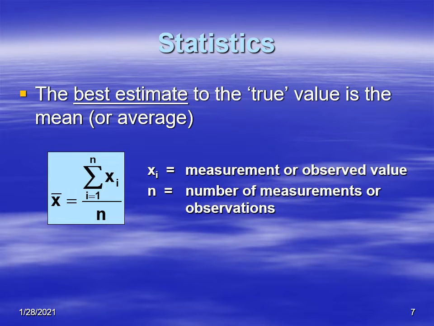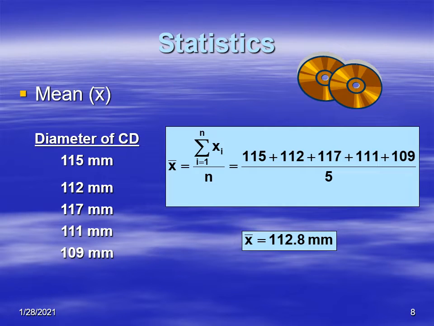The best estimate to the true value of the diameter of a CD would be to sum up all of the values of the CDs and then divide them by the number of observations or measurements that were made. That'll give you your best estimate, or our average or mean. In this case, with the CDs, if we take the numbers, add them up, divide by 5, it gives us an average of 112.8 millimeters.